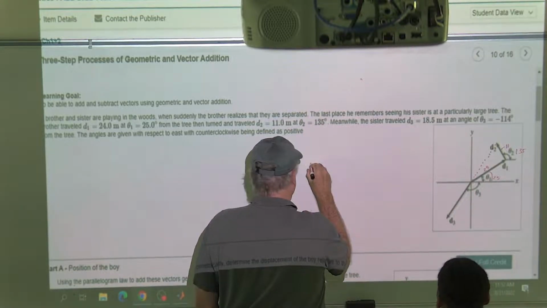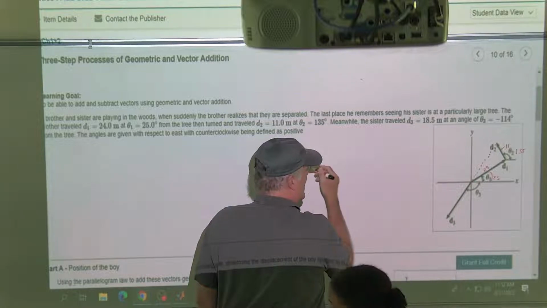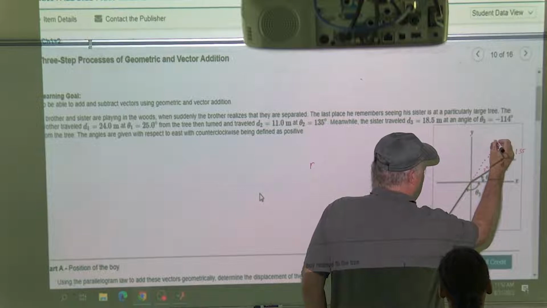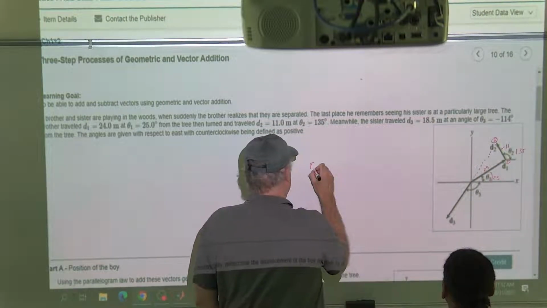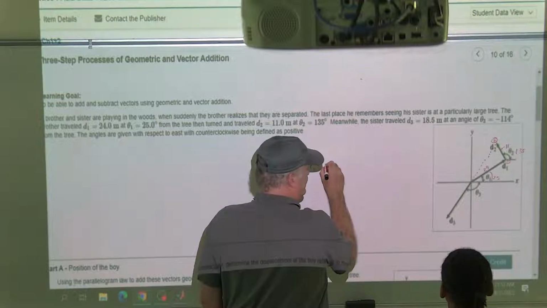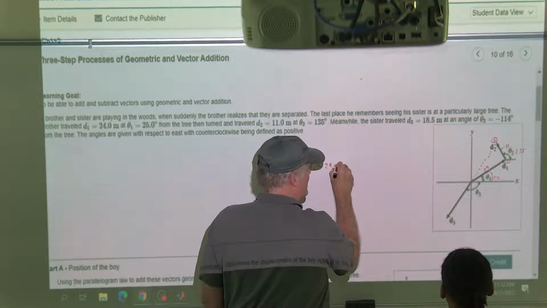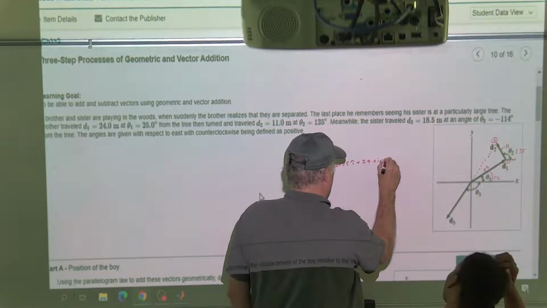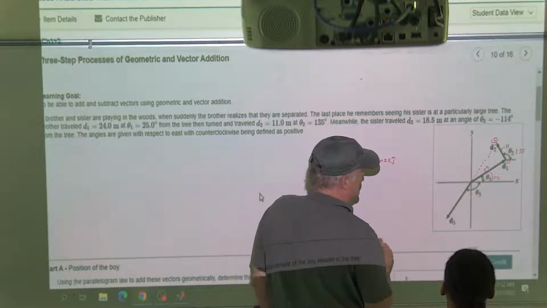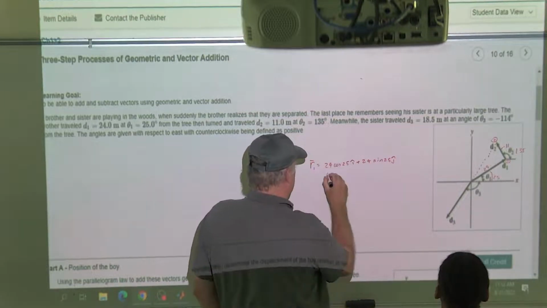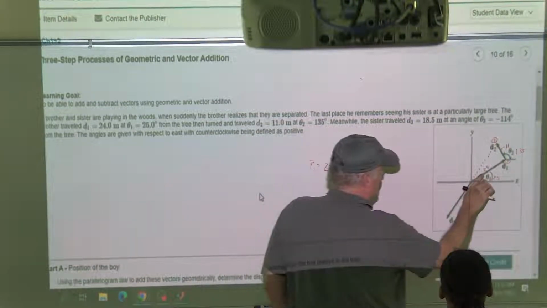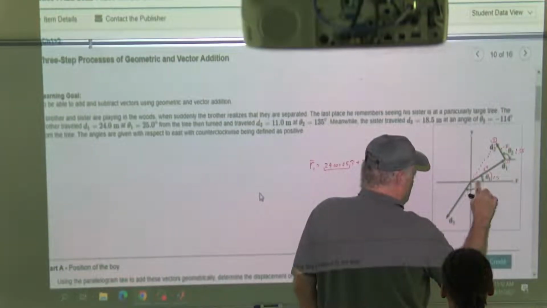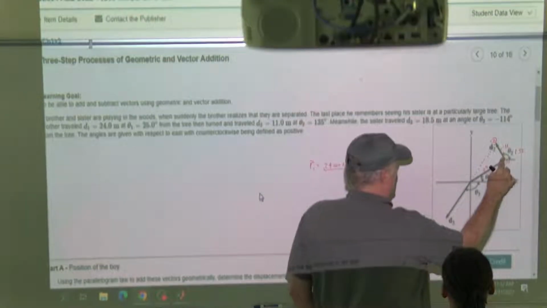One would be the position to, I guess I could say that's location 1, and this is location 2. So position 1 is 24 cosine 25 i plus 24 sine 25 j. It's like a projection. I can project it onto there, and then that distance from here to here will be the sine, this will be the cosine, and that'll get me to there.